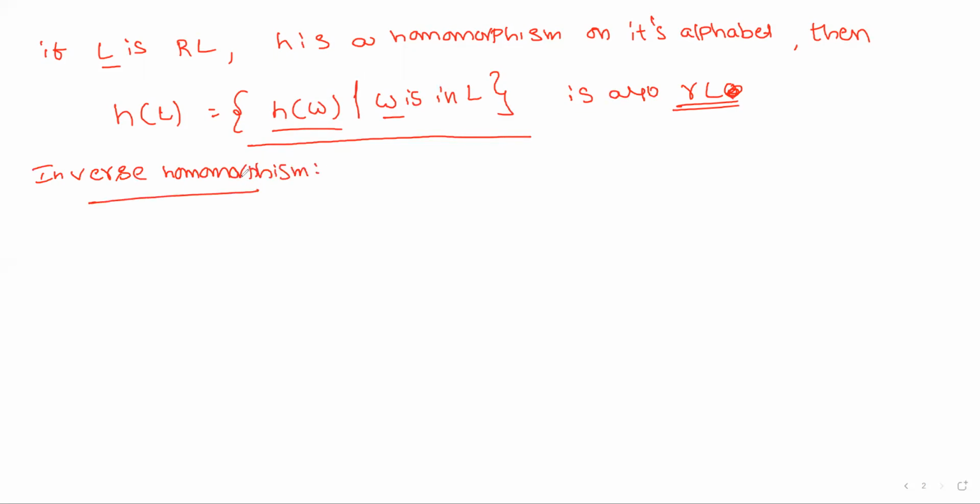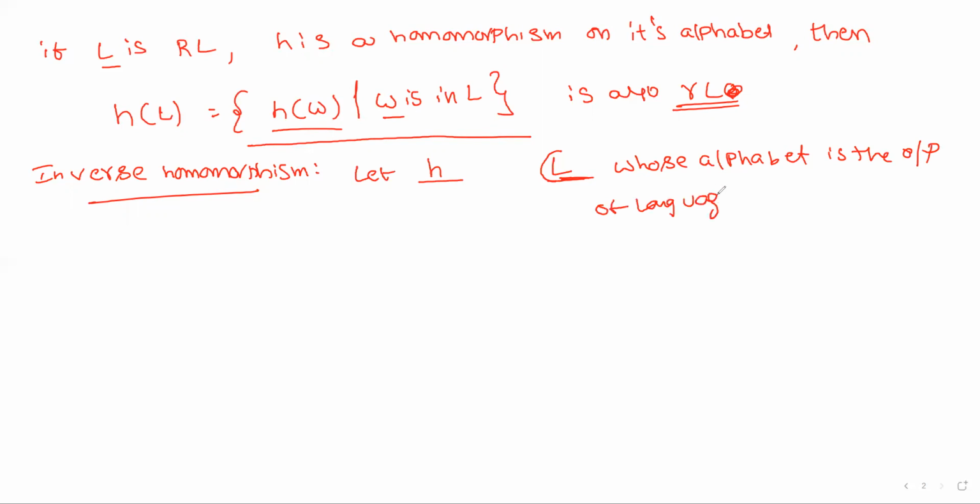Let h be a homomorphism and L a regular language, where the alphabet is the output of h; that is, L is generated from the homomorphism.